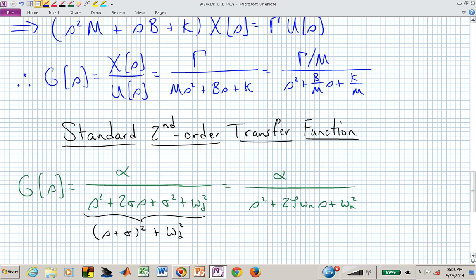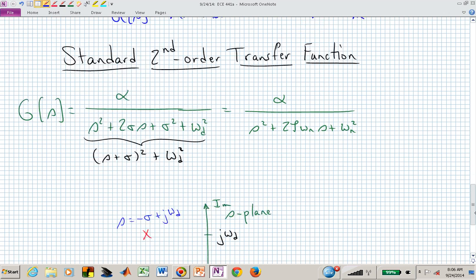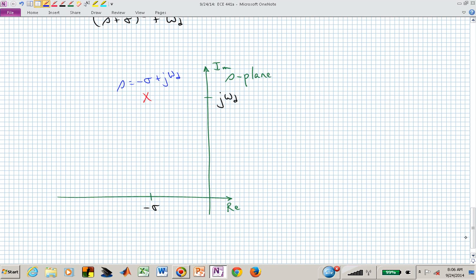The omega sub d is our damped oscillation frequency, and the alpha is just a numerator constant. And we could rewrite that a different way in terms of our damping ratio, zeta, and our omega sub n, which is the natural frequency, which I'm hoping that you can, if you don't sketch it, you at least mentally have this picture in your mind of what's happening in the S-plane with respect to the two poles.